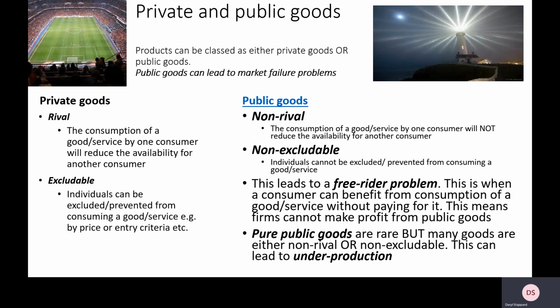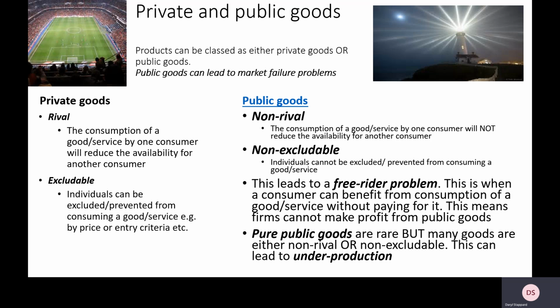So in other words, firms can generate revenue from private goods. Another example, whilst I'm talking to you this morning, I'm drinking a cup of coffee. Coffee is both rival and excludable. My consumption of this coffee will stop somebody else from benefiting from this cup of coffee. It's also excludable. If I hadn't paid for the coffee beans from the shop yesterday, then I wouldn't be able to consume this cup of coffee.